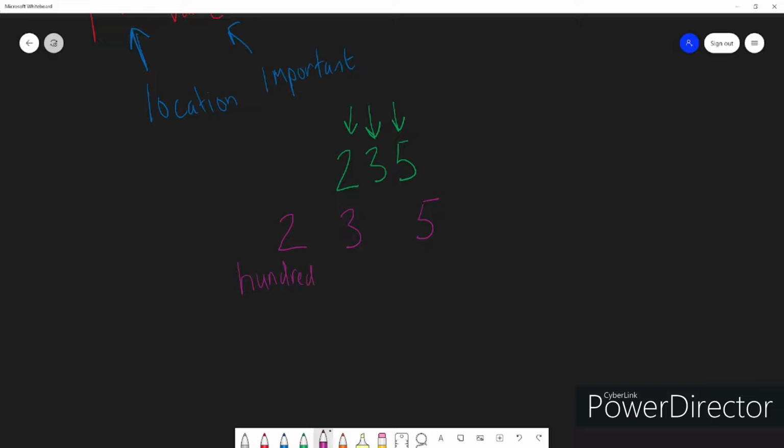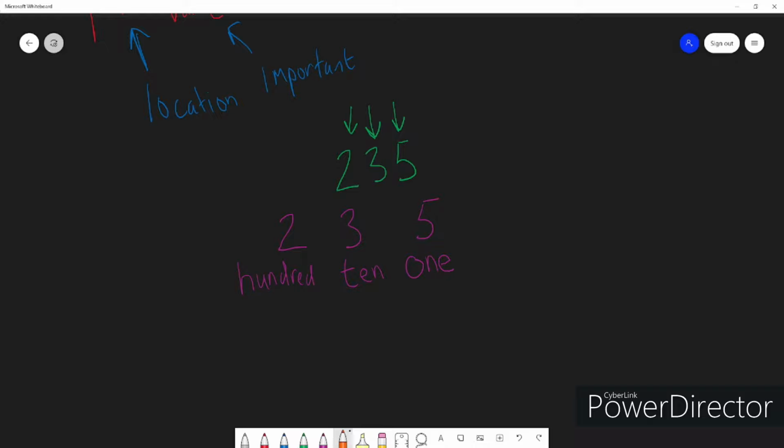whereas the 3 is located in the 10s, and finally, the 5 is in the 1s. And continuing forward regarding the value of a number, that tells us how important it actually is.